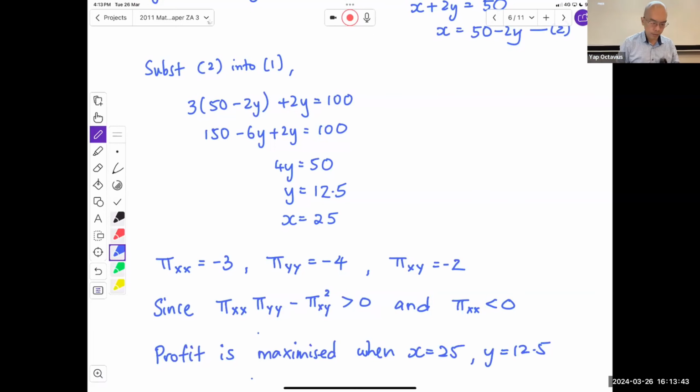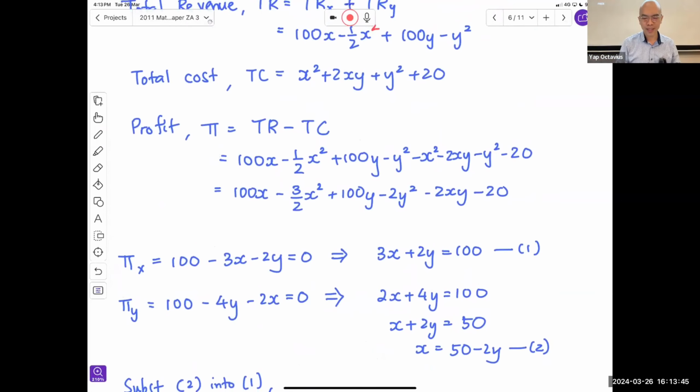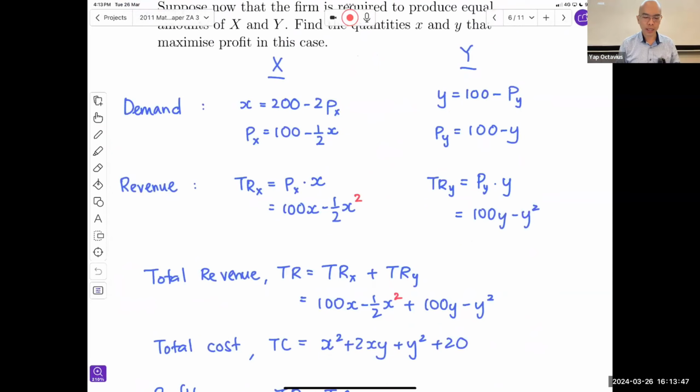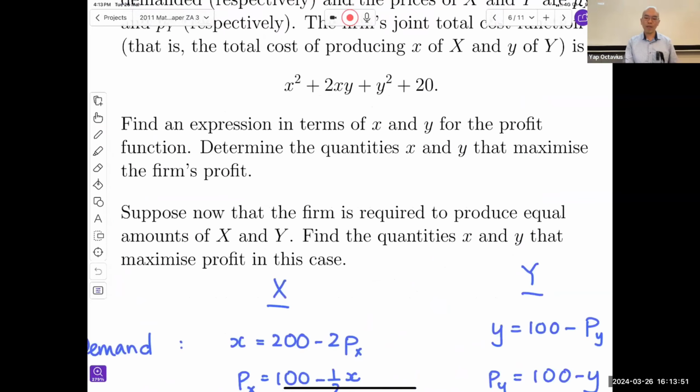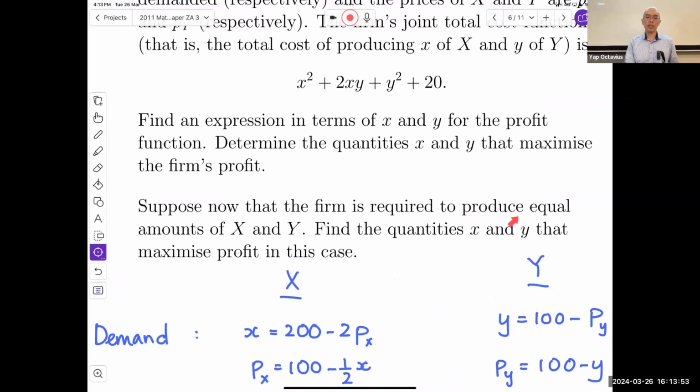So now the question says, suppose now the firm is required to produce equal amount of x and y. Okay, equal amount. So this translates to mathematics as small x equals small y, because the quantity needs to be equal.